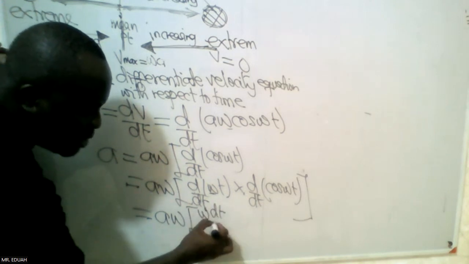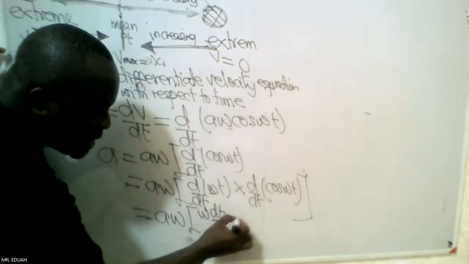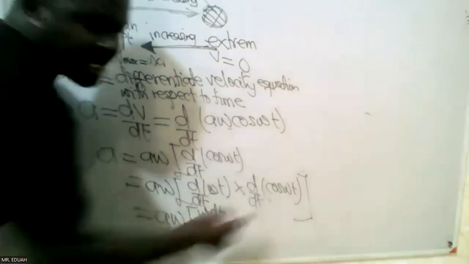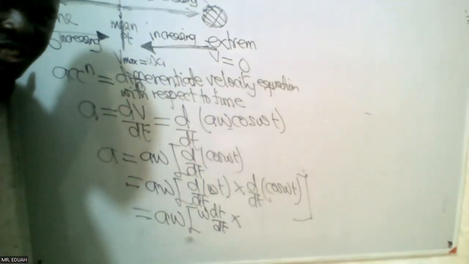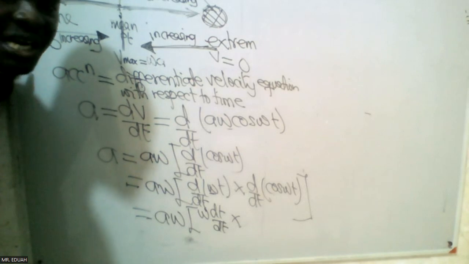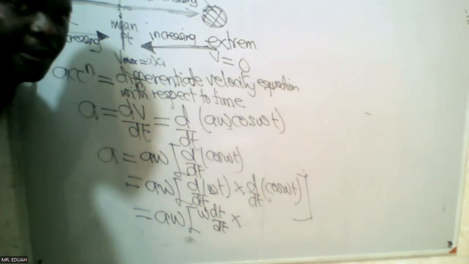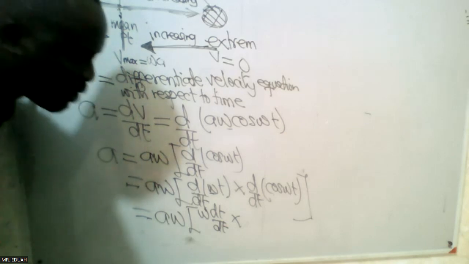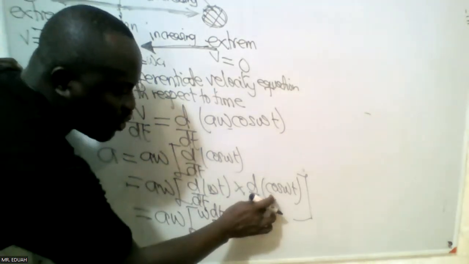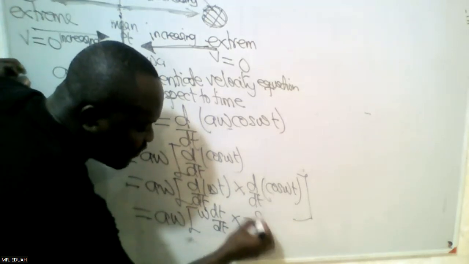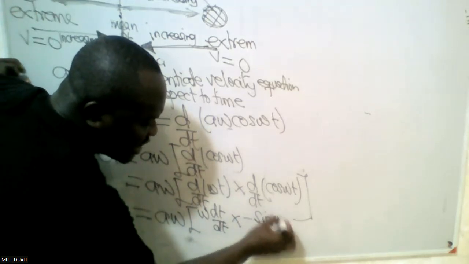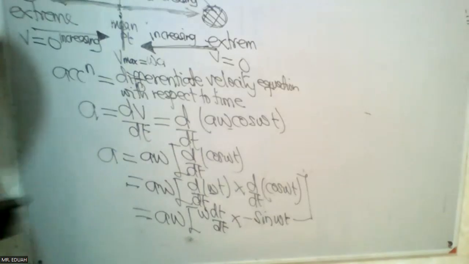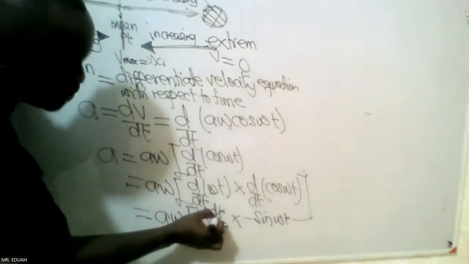So we have dt over dt times, when you differentiate a cosine function, it is equal to the negative of a sine function. Please, this is a formula I'll give to you. So when you differentiate cos, it is equal to negative sine. The dt over dt cancels out.